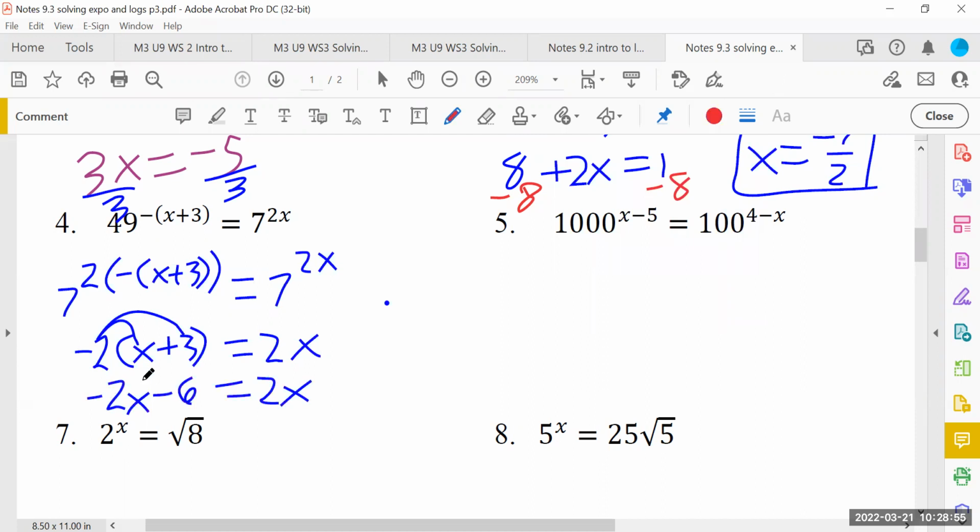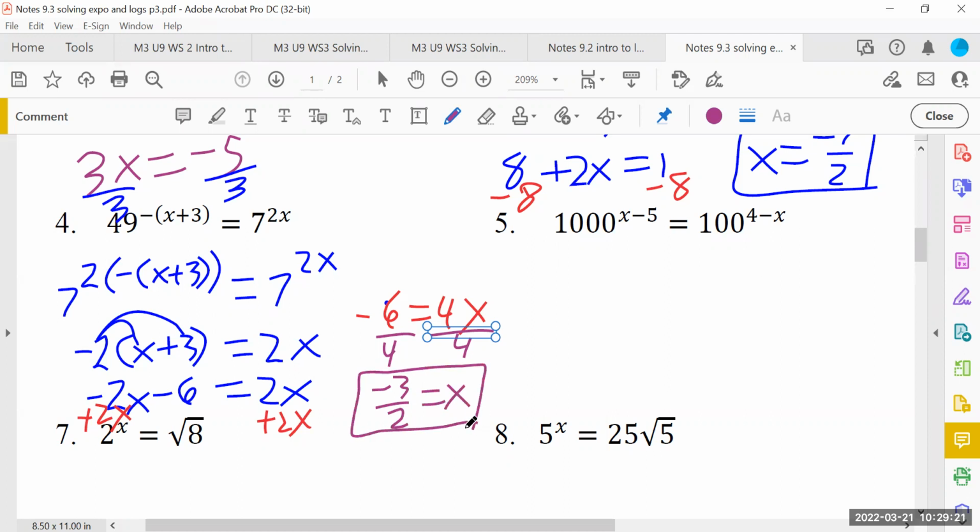So if I add 2x to both sides, I get -6 equals 4x. Can divide both sides by 4. Negative 6 over 4 is going to be negative 3 over 2. There's my answer.